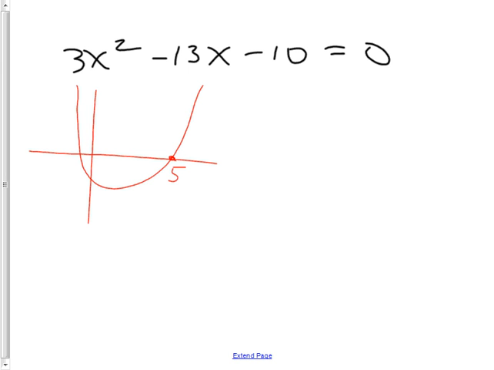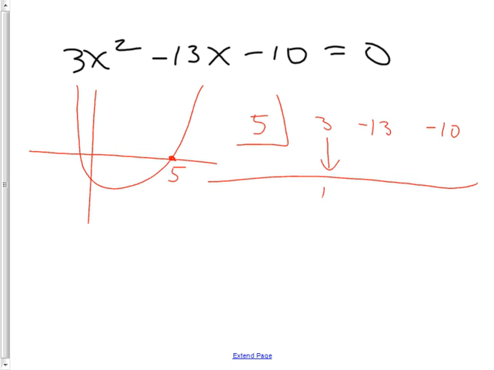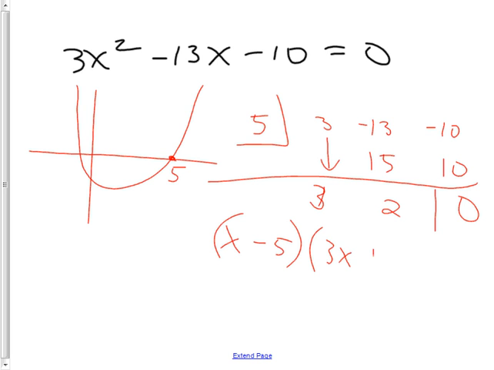Okay, and you go 5, 3, negative 13, negative 10. Drop it, 3. 5 times 3 is 15. Subtract, -2. 5 times -2 is -10. It worked. And therefore, x minus 5 times 3x plus 2. That's pretty slick, isn't it?